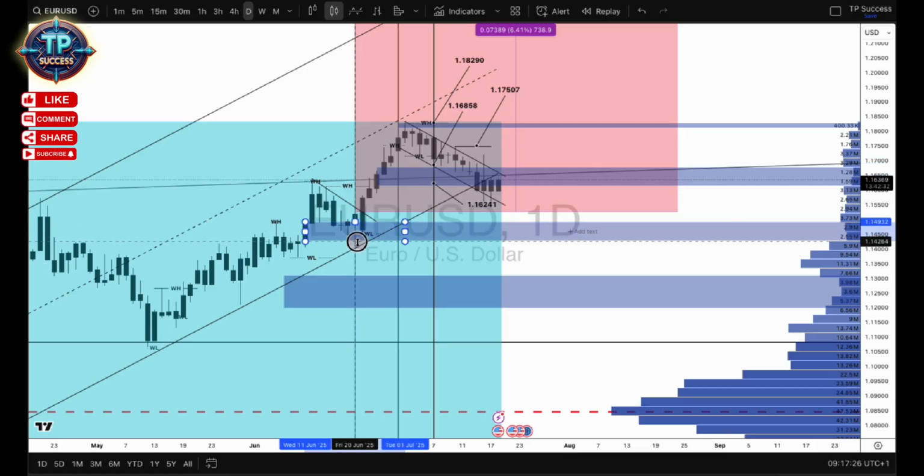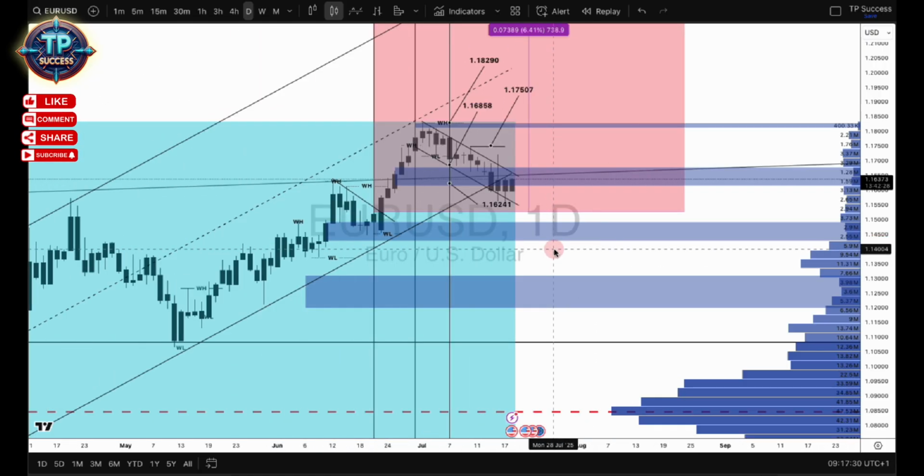Okay, right, so what we basically have here is that, in my mind, I believe that price will be making its way down a little bit lower, to say around the level of 1.4877. I think price is going to do that, but only time will tell, because today is Friday.